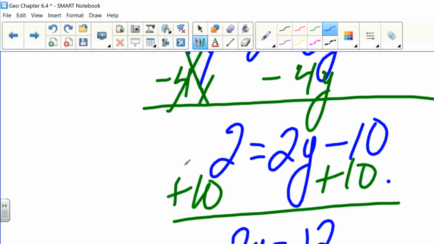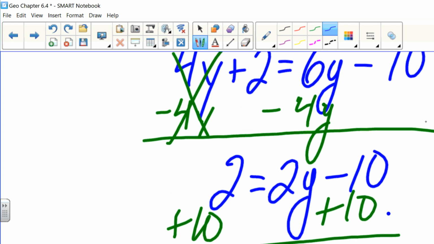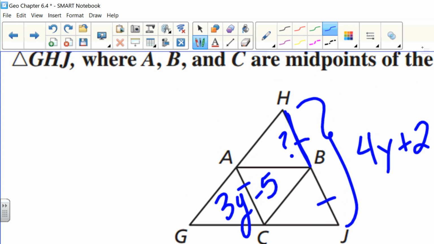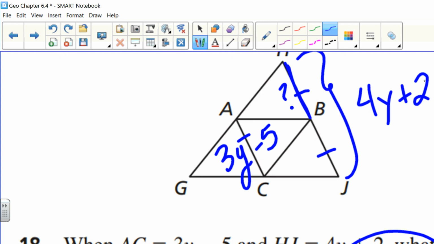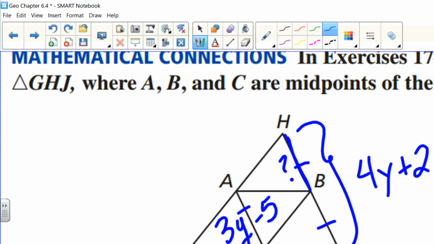Any questions on how we got this answer? And now the next thing we need to do is to plug it back in. Which one can we plug it back in for? We can do either one. So we can do 3 times 6 minus 5. 3 times 6 is 18. 18 minus 5 is 13.